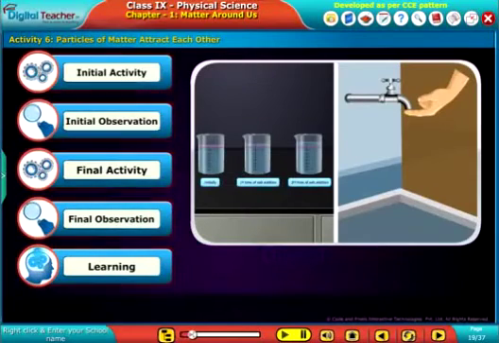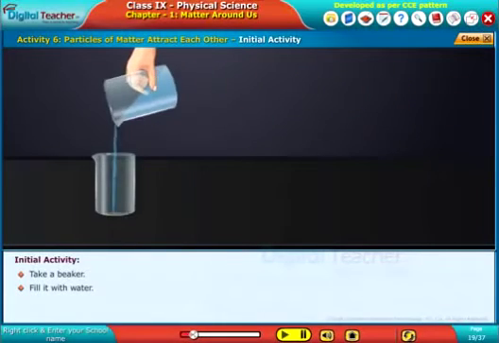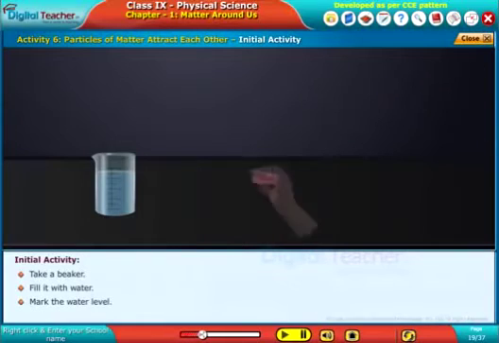Now, let us perform an activity to understand the force of attraction between the particles of matter. Click each tab to know more. Take a beaker. Fill it with water. Mark the water level.